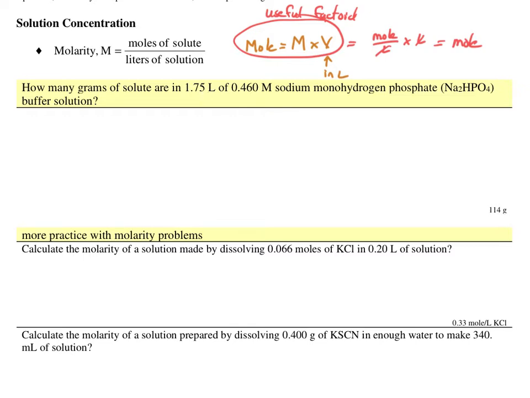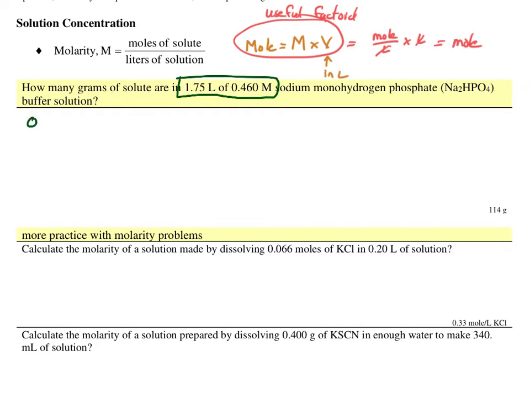Now look at this problem. We want to know how much solute we have in a given volume of a certain molar solution. Well, we know we can get moles by multiplying these two numbers together, and then to get to grams, we simply determine the formula weight and use that as a conversion factor. All right, so here we go. We have both the volume and the molarity of our solution.